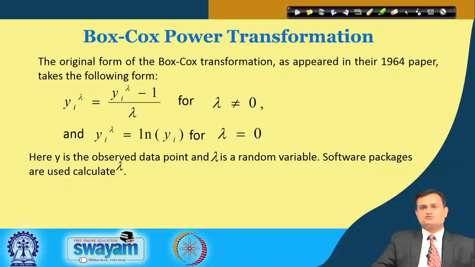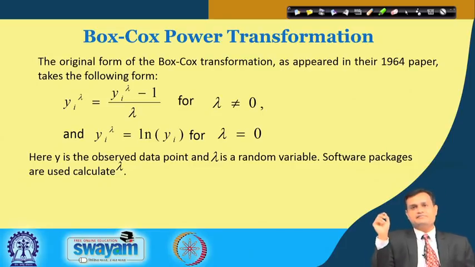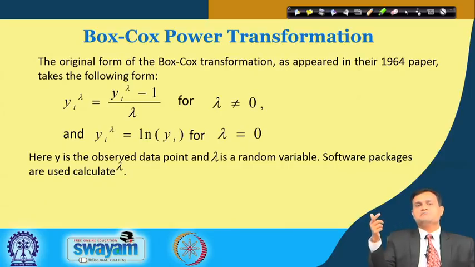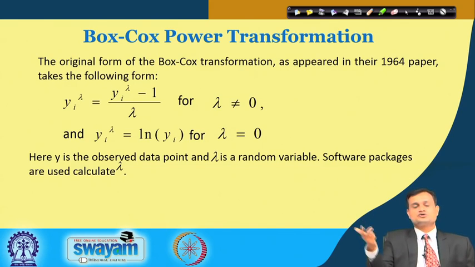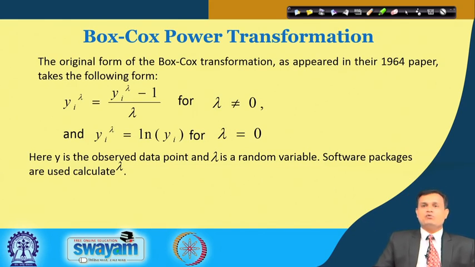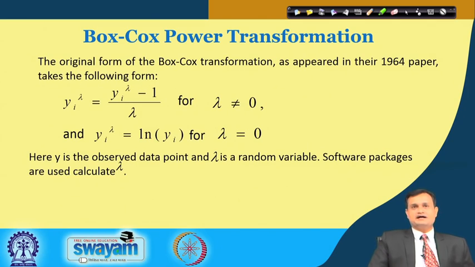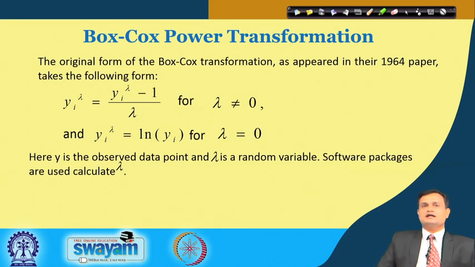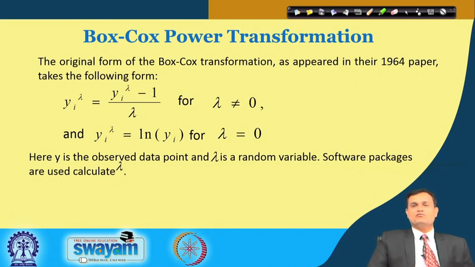In Box-Cox transformation, the critical element is lambda, which raises the power of the data to the extent where your data becomes more normal. Just see the expression: yi raised to lambda is equal to (yi raised to lambda minus 1) divided by lambda for lambda not equal to 0, and if lambda is equal to 0, then yi raised to lambda is equal to log yi.